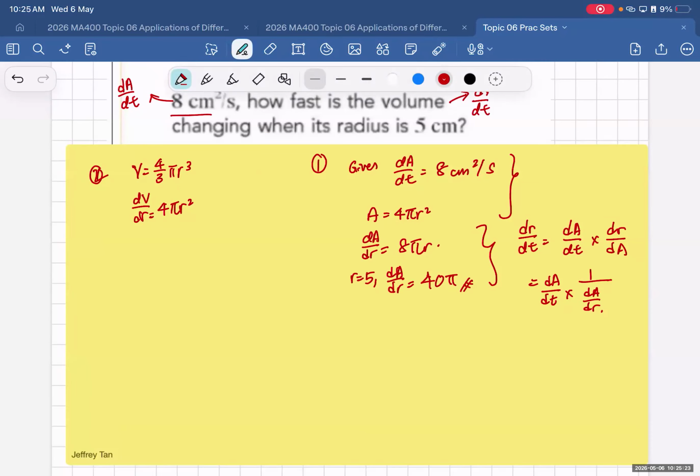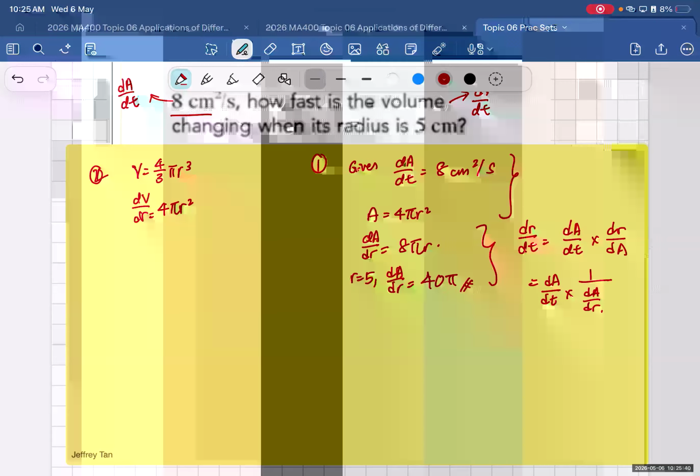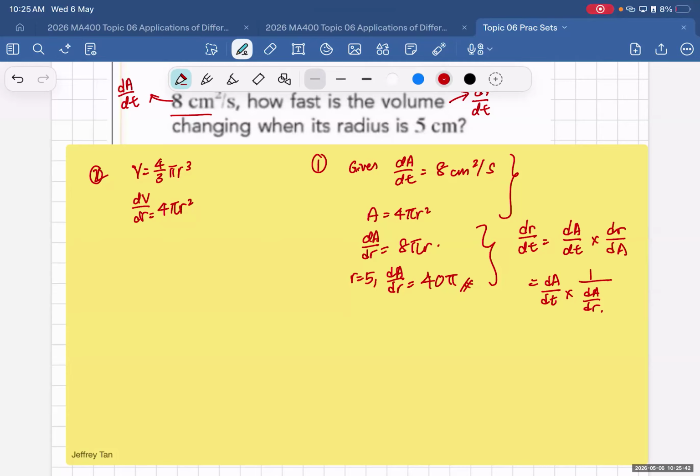You know that this is 8. So you find dr/dt first. Is that okay? This part. Find r first. After you find it, let me know. Then I want to share with you how to take the next step.